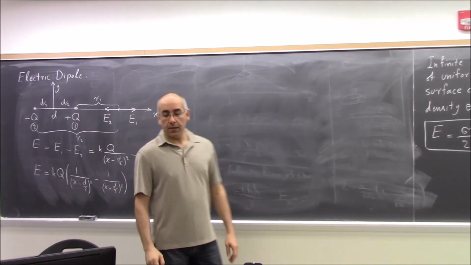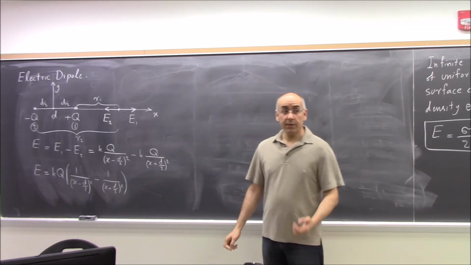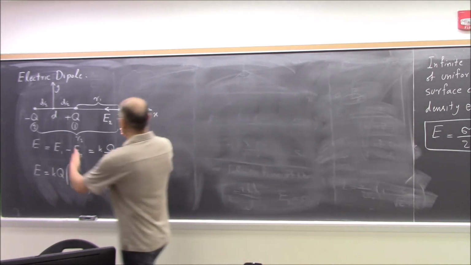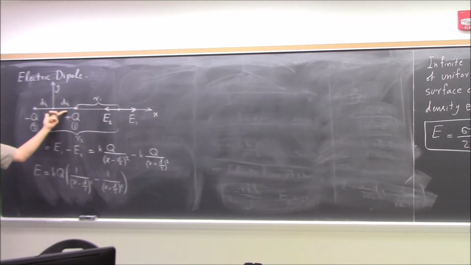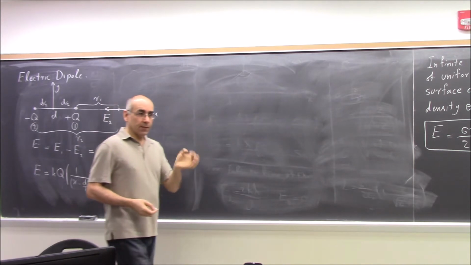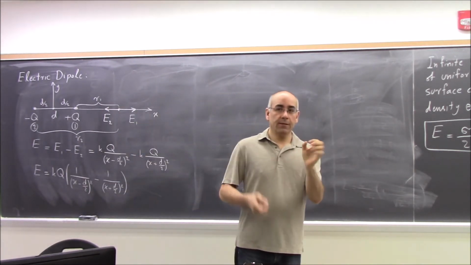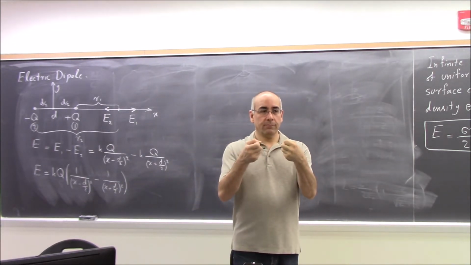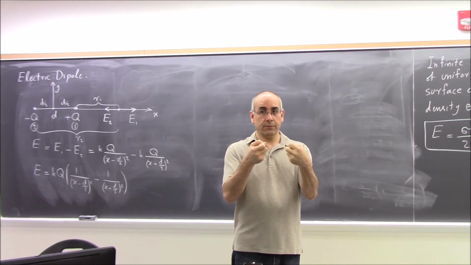But usually we are interested in the cases where this distance x is much larger than the distance between the charges. For example, if you're considering molecules, molecules have a little bit of positive and negative charges separated from each other because they are polar.